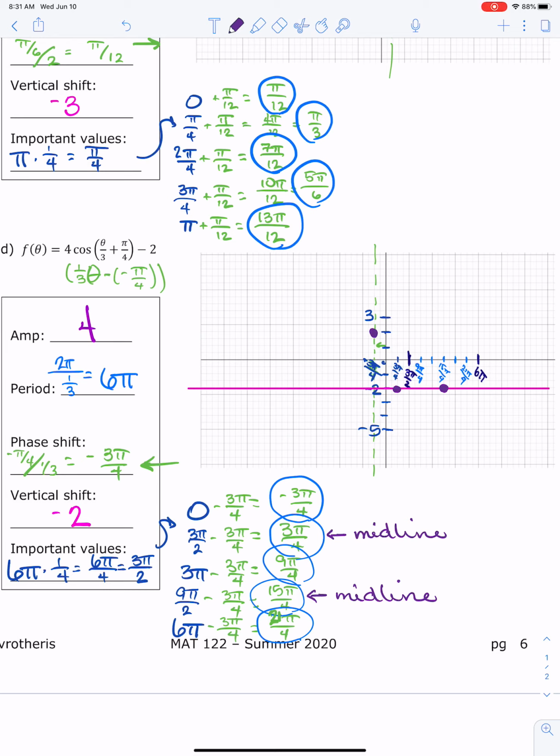We're right there. Keep in mind the end of our period at 21 pi over 4, it should end up in the same place, so I'm going to plot that one as well. And then that midpoint, 9 pi over 4, we are going to be 4 below the midline. So 4 below negative 2 puts us at negative 6.